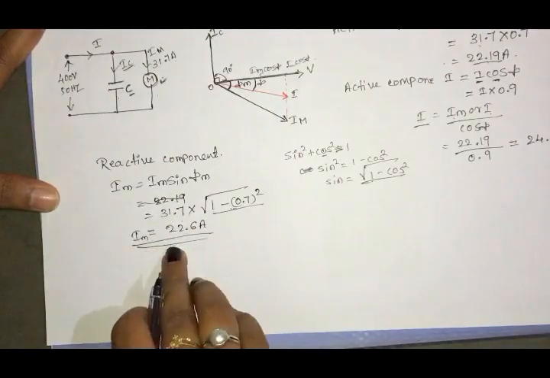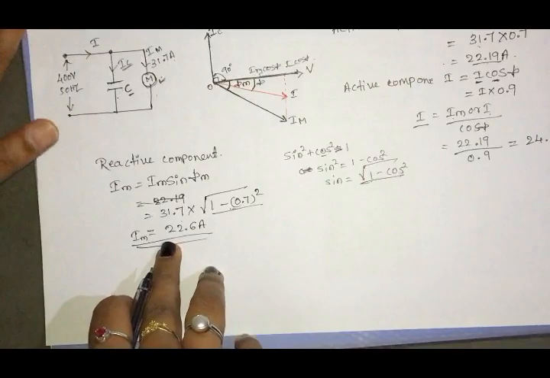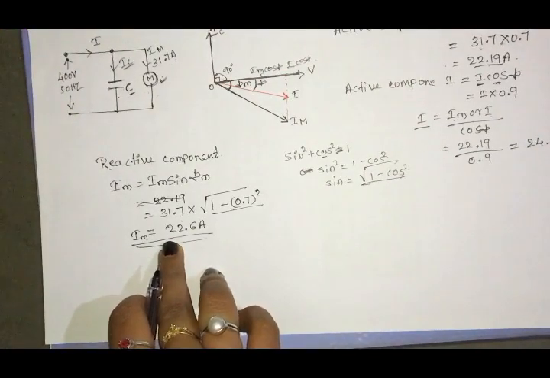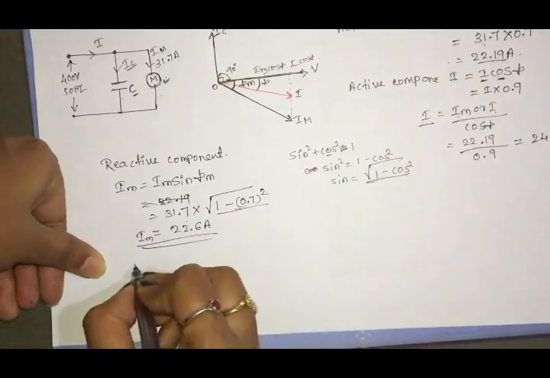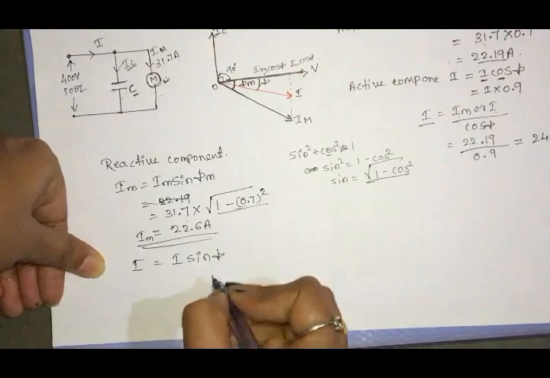The same thing we need to find for the capacitor. I is equal to I sin phi.